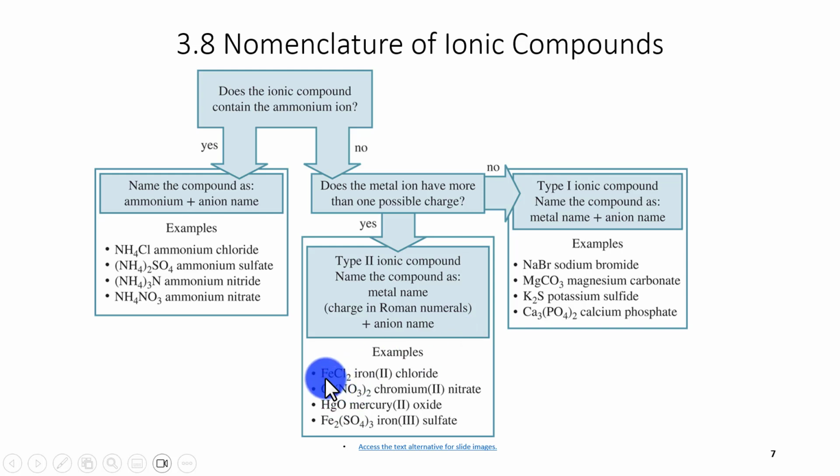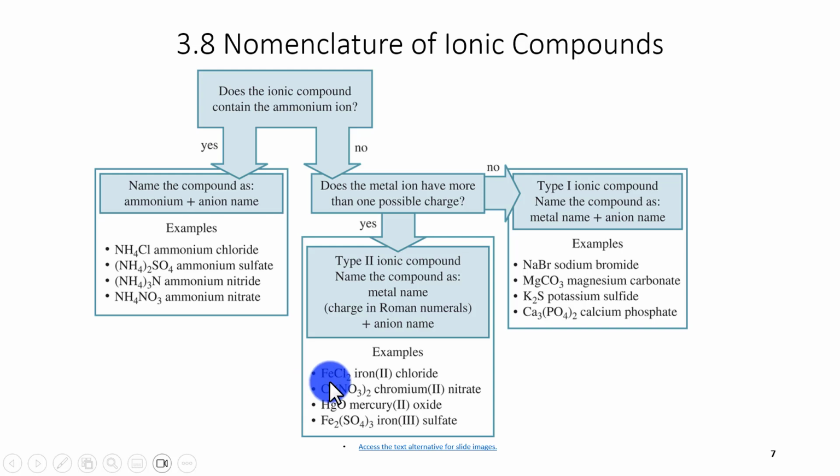So here it is. This is iron(II) chloride because each chlorine has a -1 charge, and I have 2 of them. That gives me a total of -2. That negative charge has to be offset by the positive charge to have a neutral compound. So if I have a -2 charge, I have to have a +2 charge to make it neutral.